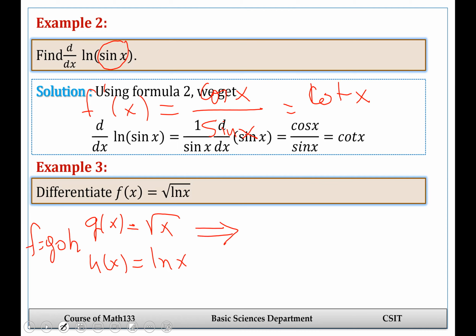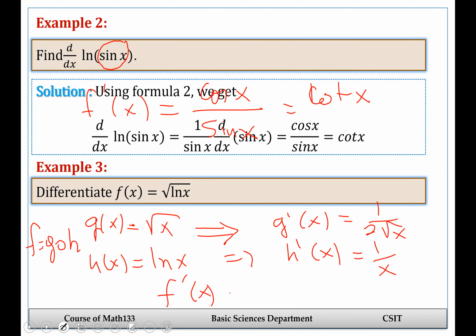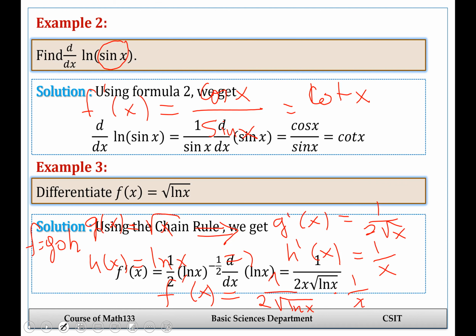So the derivative g prime is equal to 1 over 2 root x, and h prime will be 1 over x. Okay, so f prime from the chain rule is 1 over 2 square root of ln x times 1 over x. And that's the derivative.